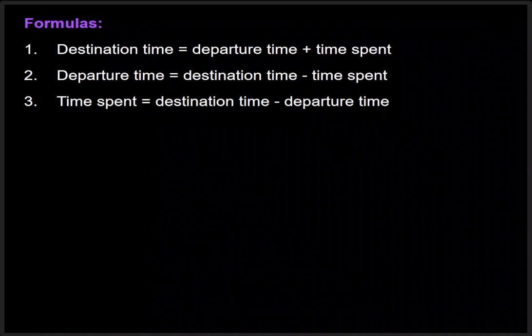Then let's assume 2 hours 15 minutes is the time spent. So you can be asked to find the destination time, that is the ending time or the arrival time. So that is what we are going to be looking at, and we'll solve two questions here. So from there you can take your activity questions to look at it.